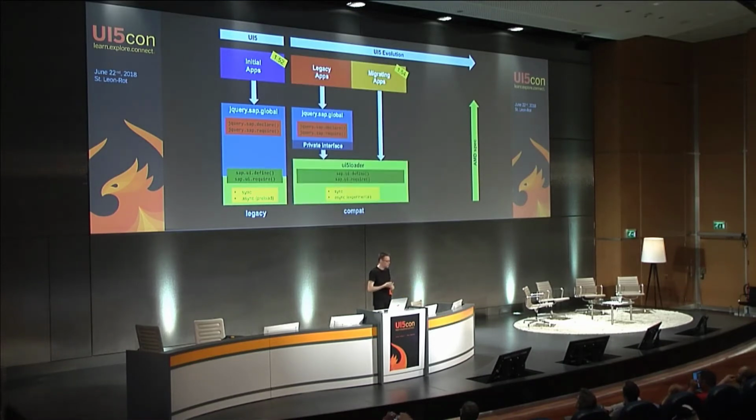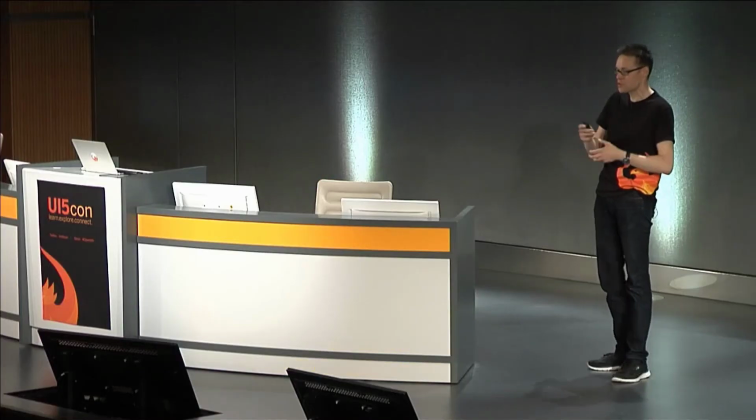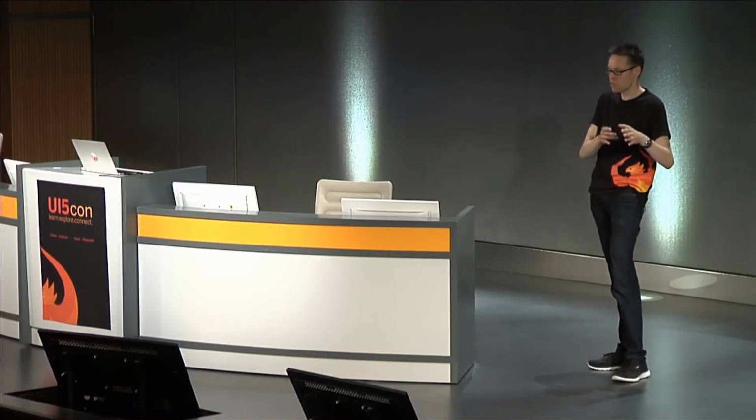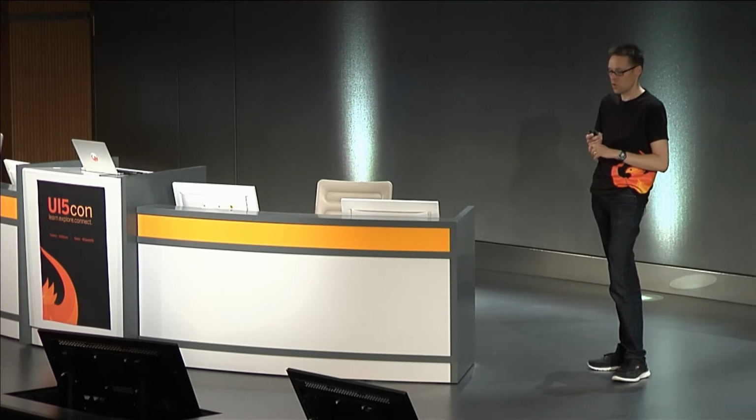So with 1.54, it's the first time that the UI5 loader really shows up as a distinct artifact, right? And that's really great. So we split off the legacy part that was behind the jQuery.sap global. It didn't even have a separate loading part in the framework, right? It was buried underneath. So that was split off, an interface introduced, and we could expose this new asynchronous UI5 loader.